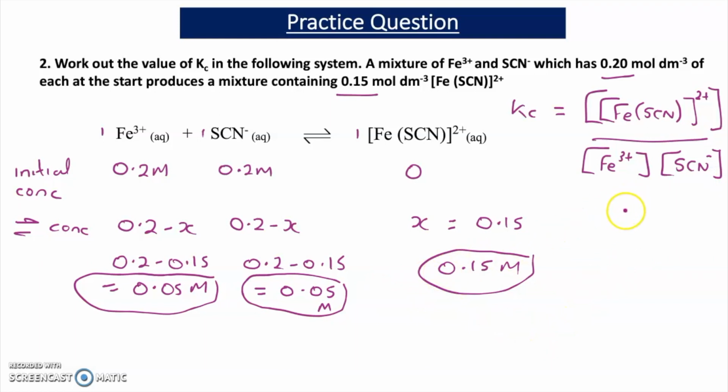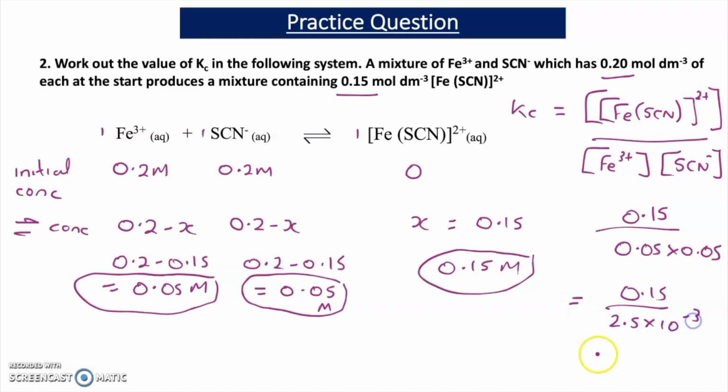So we have 0.15 divided by 0.05 times 0.05, which is equal to 0.15 divided by 2.5 times 10 to the minus 3. And that gives you a value of 60 for Kc.